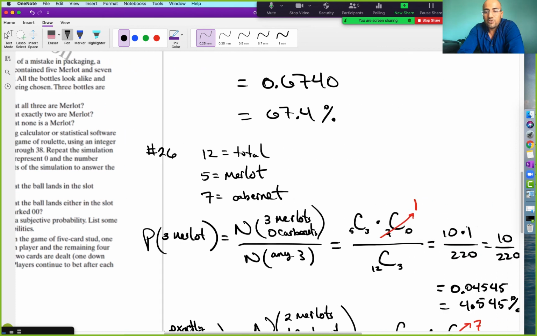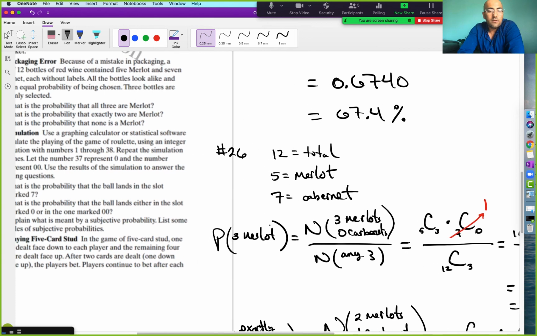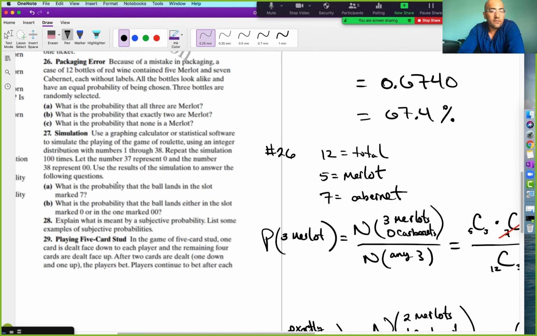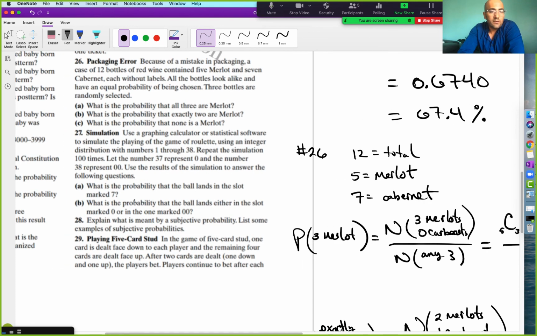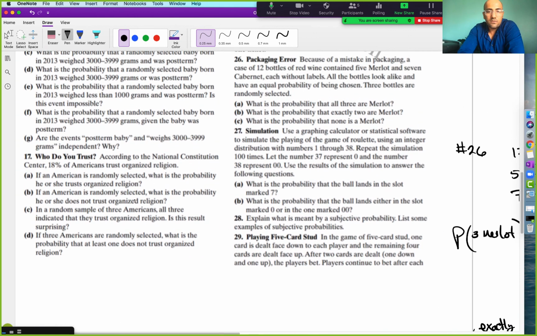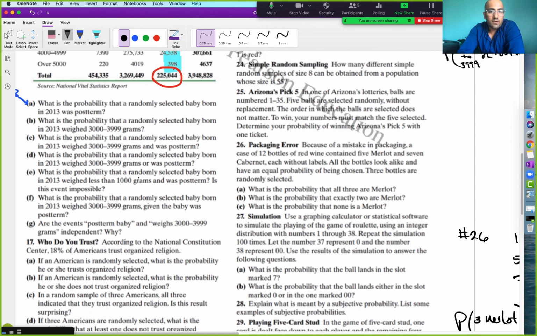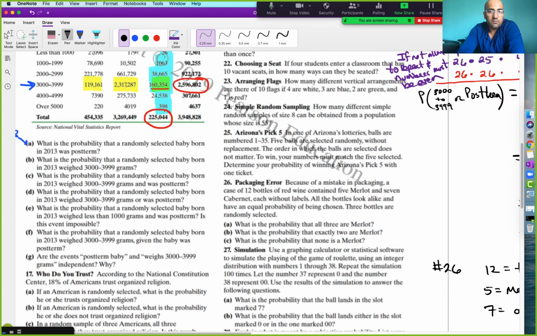So it'll be combinations of 5 choose 0, times combinations of 7 choose 3, divided by the same combinations of 12 choose 3. But that should be pretty easy. And then that takes us to this. Does anybody see any questions that they think are worth looking at before we sign off?